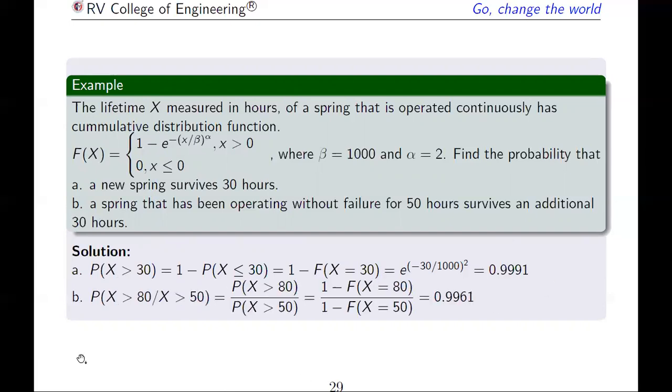In the next part, we want to find the survival of the spring beyond 80 hours under the condition that it has survived for 50 hours. This is the formula, and it is found to be 0.9961. That means in 99% of cases, it would survive 80 hours if it has survived for 50 hours.